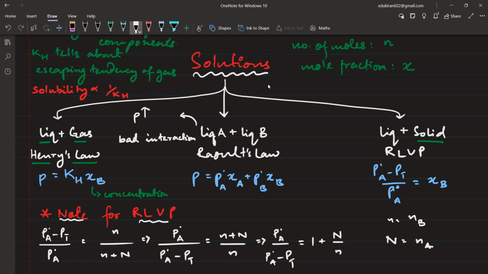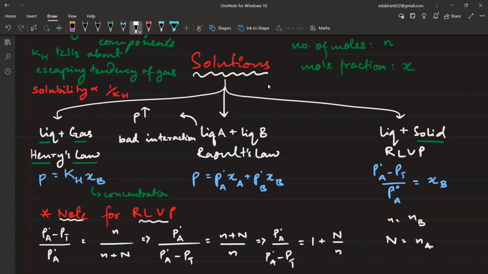When liquid A is not attracting liquid B, liquid A will be more prone to the escaping tendency. So what will happen? It is not attracted by B. That is why liquid A will convert into vapor more easily. Similarly, liquid B will be converted into vapor more easily.